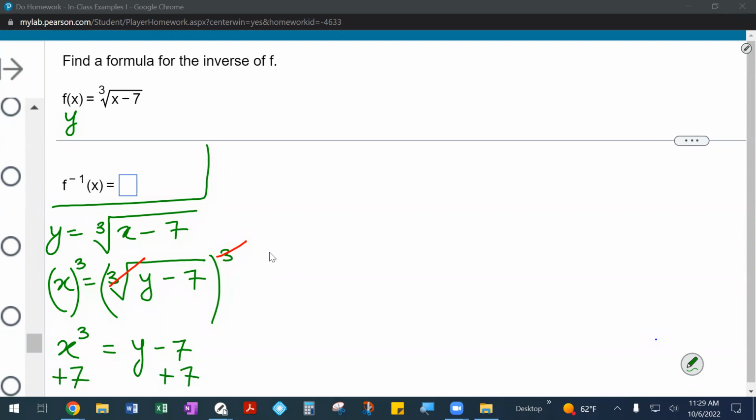So again, add that on both sides, it'll cancel out. And let's see, what are we left with? X cubed plus 7 equals y. And then again, once you get the y by itself, replace the y with, oh, sorry, not 3, x.